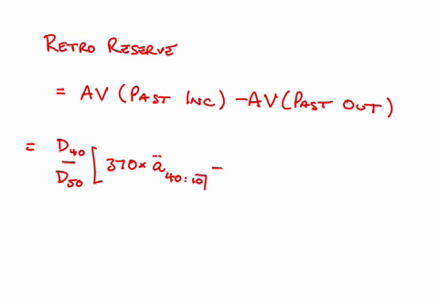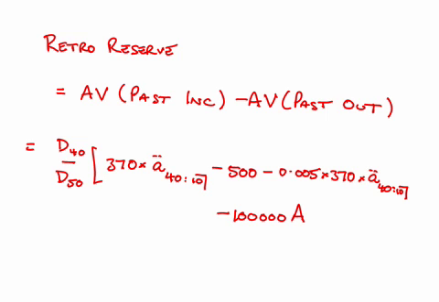We need to deduct from that all the past outgo. Well, there was this initial expense of 500 to take account of. There was also the annual expenses, which were 0.005 multiplied by the premium multiplied by the 10-year annuity, and also there were the benefits, 100,000 multiplied by term assurance for that first 10 years of the contract.